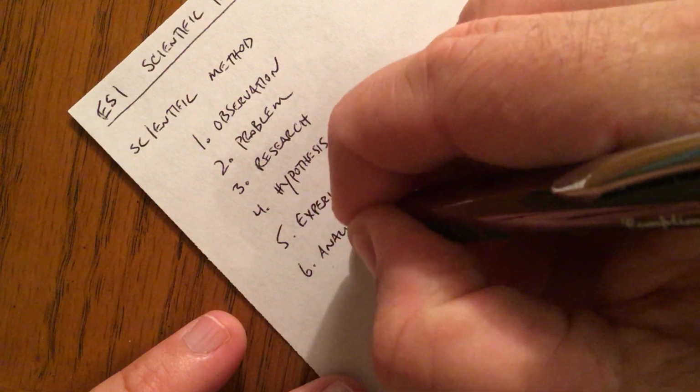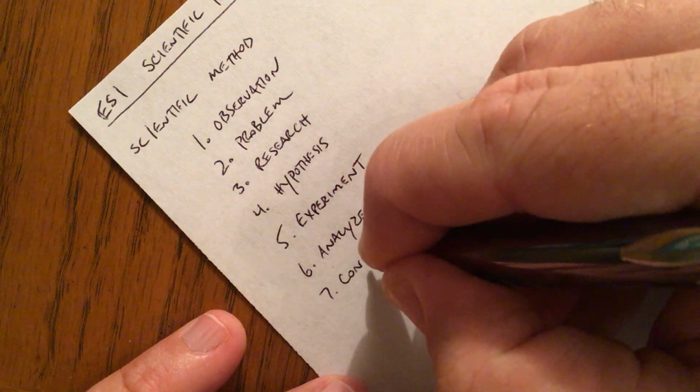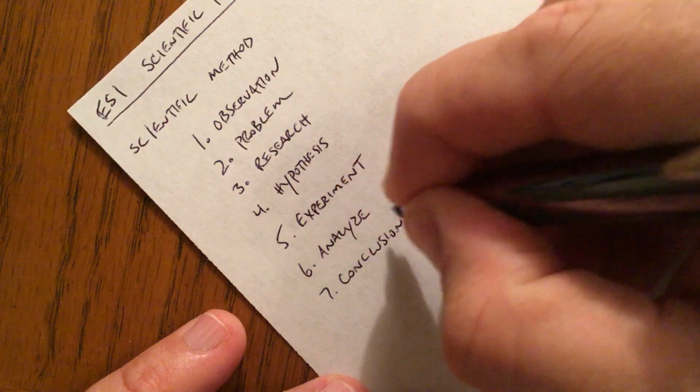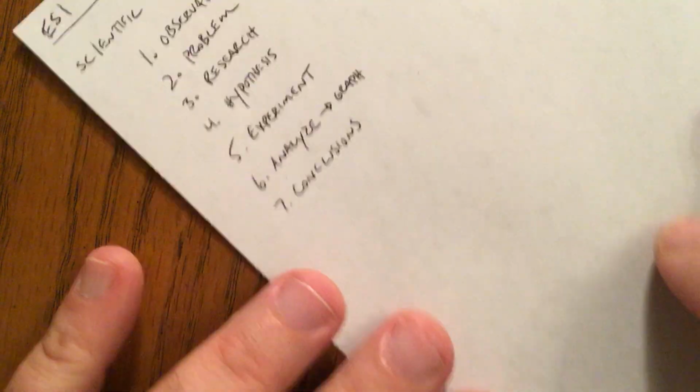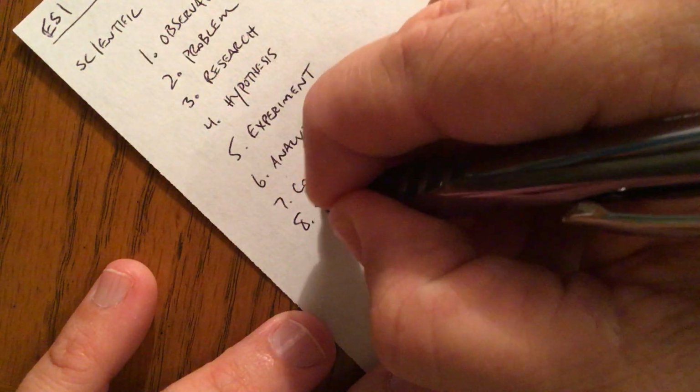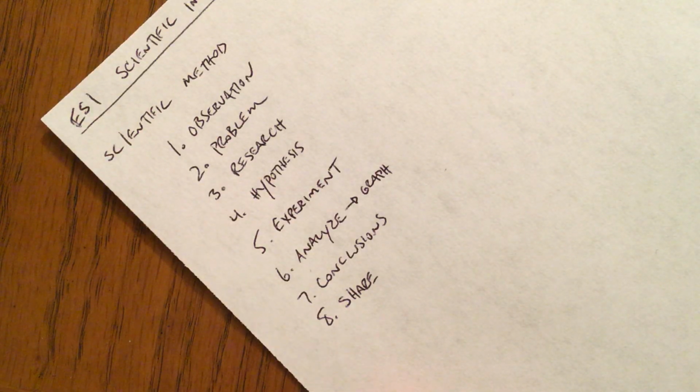Then you analyze your results, draw conclusions. In this stage, you need to be doing a graph of some kind. And then the last thing you do is communicate or share your results.